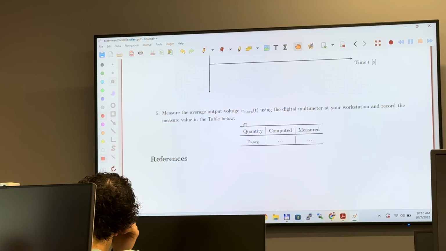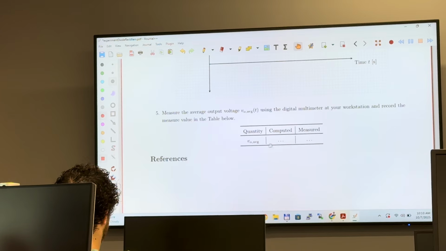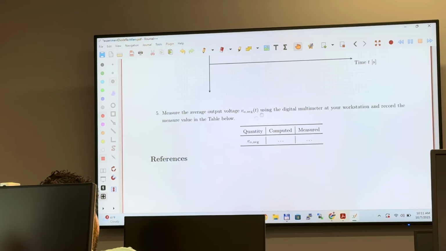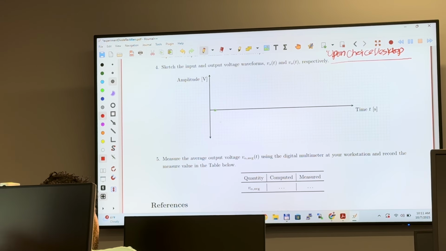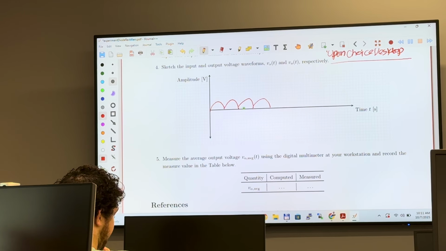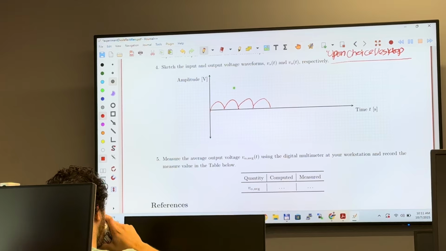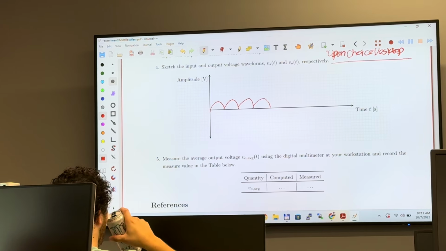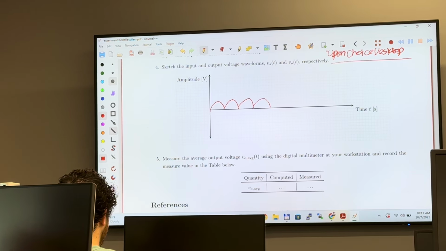The average voltage, you will be able to compute the average voltage. Your output is going to look like this. Of course, the average voltage for this output is going to be more than double, twice as you see in the half-wave rectifier.